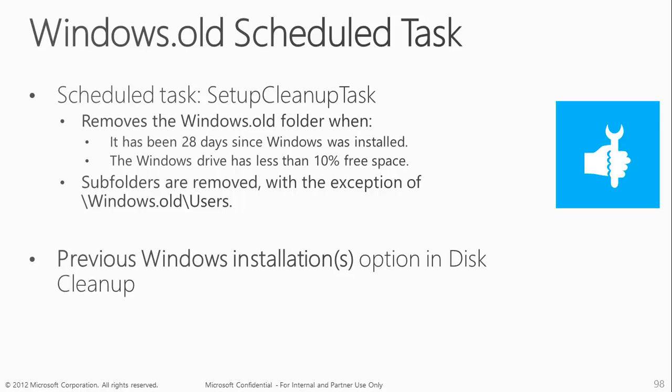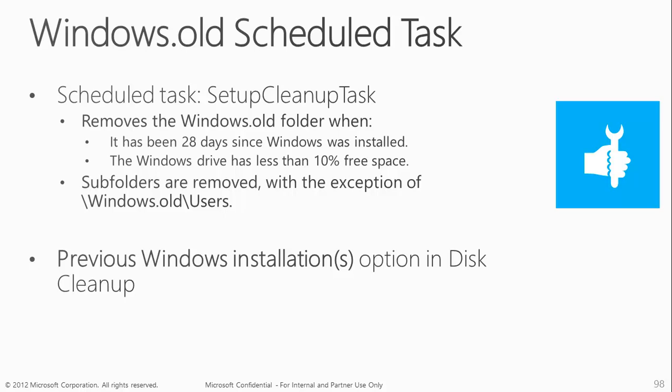The scheduled task, called Setup Cleanup Task, removes the windows.old folder contents when either of the following are true: if it's been 28 days since Windows was installed, or if the Windows drive has less than 10% free space. If either of those are true, then all of the subfolders are going to be removed from the windows.old folder with the exception of users. So that means Windows, program files x86, program data, all of those are going to be removed.